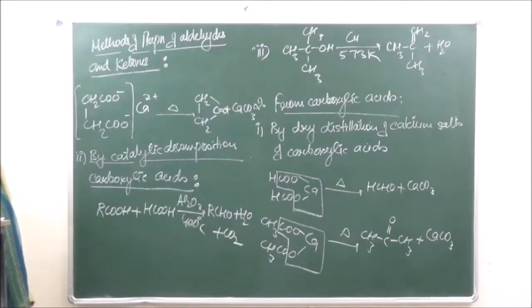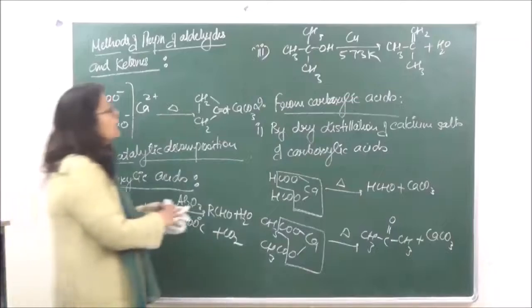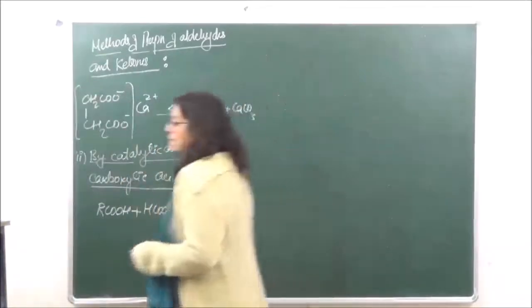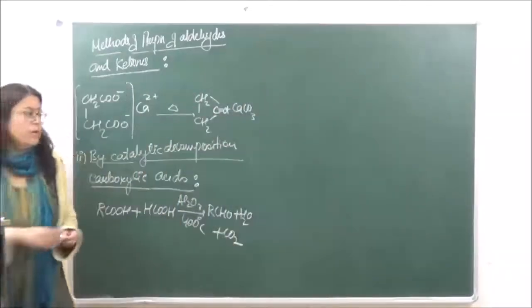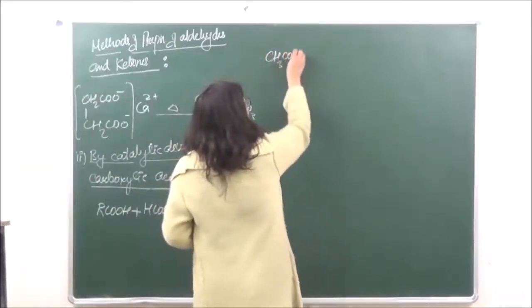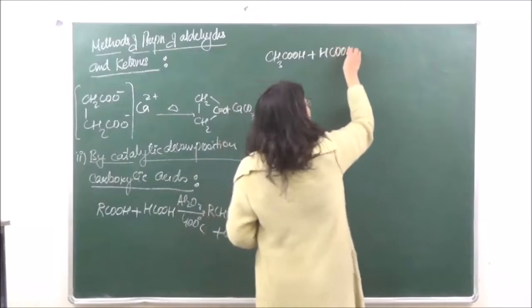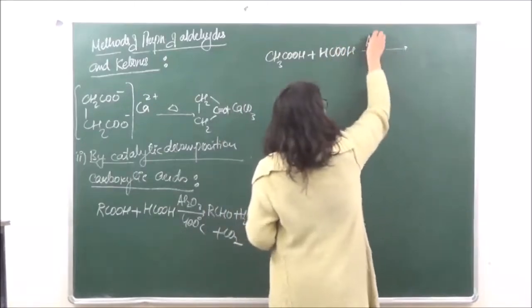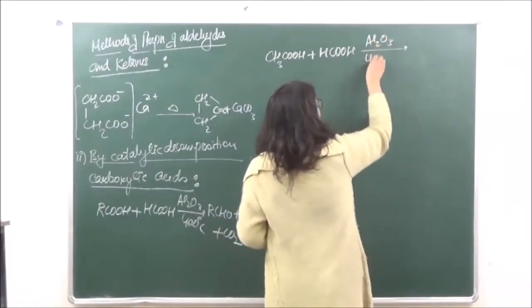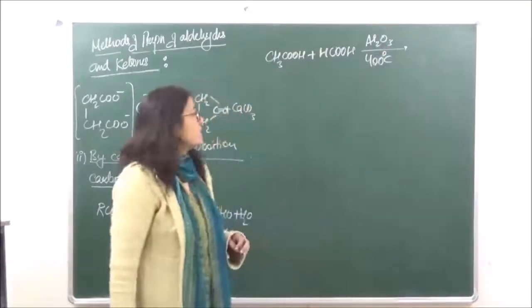Okay? So this is how we can do the catalytic decomposition. Now if we are taking a molecule of CH3COOH, let's take an example. We are taking one acetic acid and we are taking formic acid, over alumina at 400 degrees Celsius.